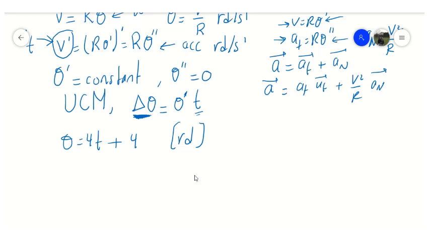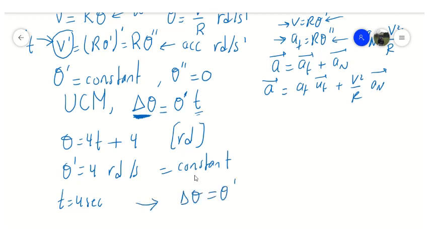What about theta prime? Theta prime will be 4 radian per second, so it is constant. Now, what if we want to determine the angle covered during a time t equal to 4 seconds? During that interval, the particle will describe delta theta equals theta prime t equals 4 times 4, which is 16 radians.